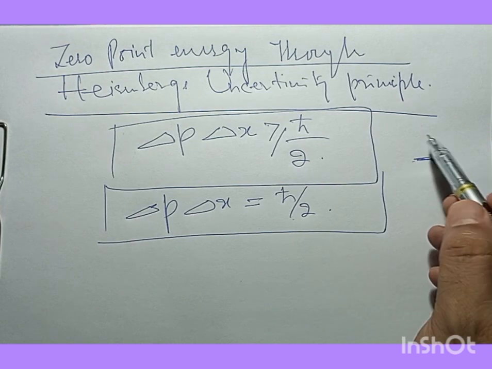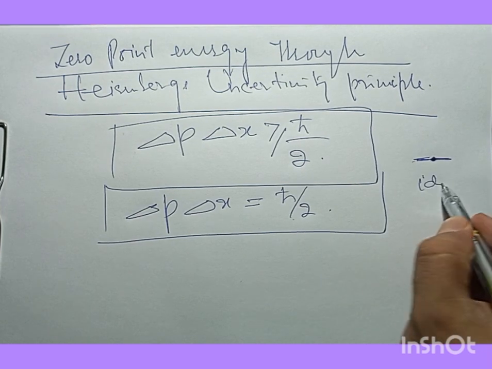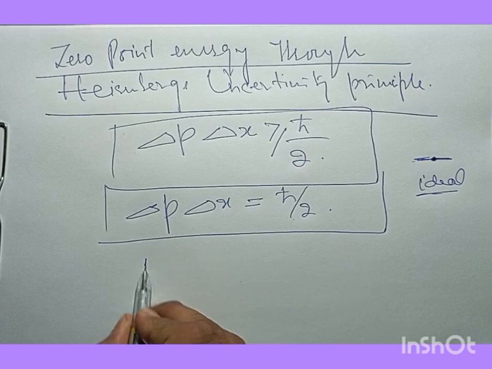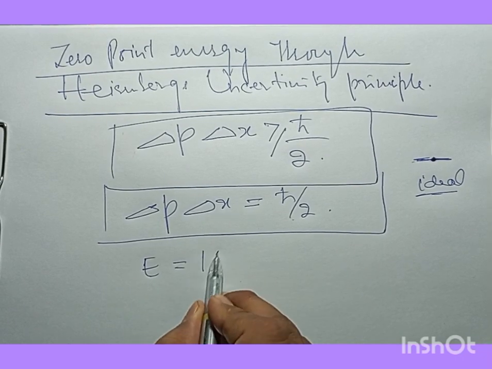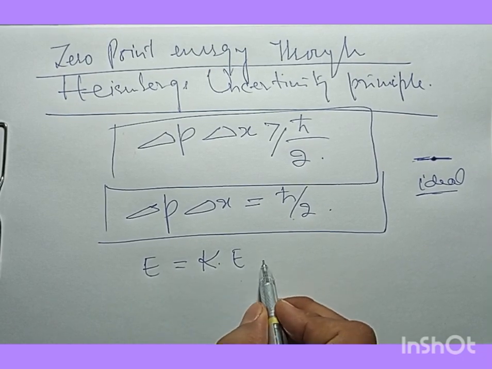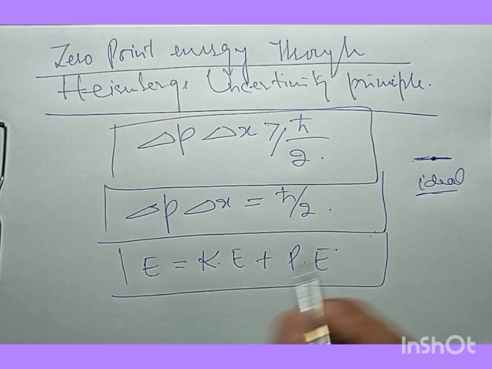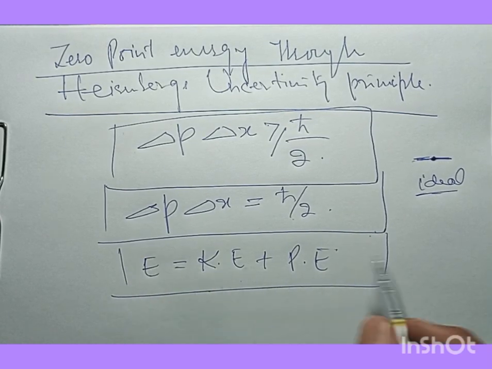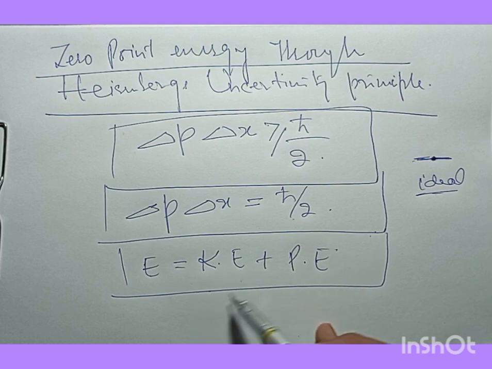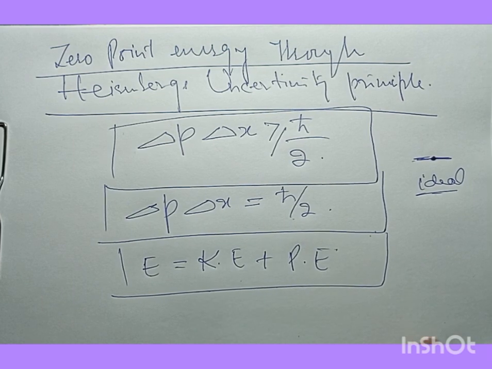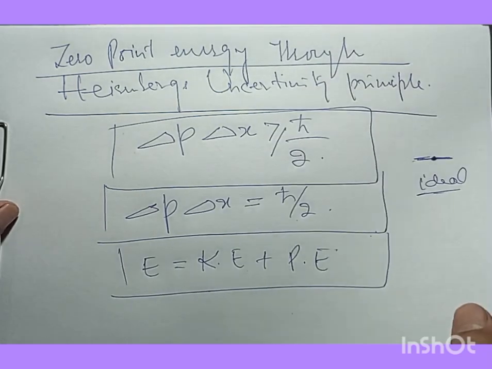So our system is perfectly ideal, and we can think of the total energy of this system as E equals the kinetic energy of this particle plus the potential energy of this particle. E refers to the total energy of the particle, K is the kinetic energy, and P.E. is the representative of the potential energy.